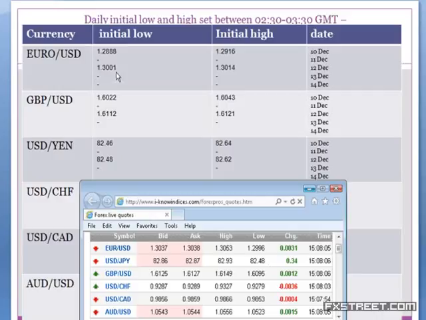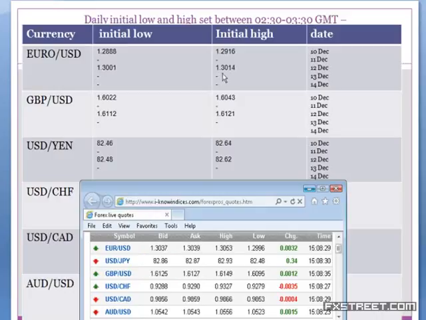That means during the late Japanese session, they made a brief downward stop. Similarly, in the case of GBP, the initial low was 1.6112 and they breached it and formed a new low of 1.6095, and in less than 30 minutes they went above, and subsequently during the mid-European session they started going above the initial low.